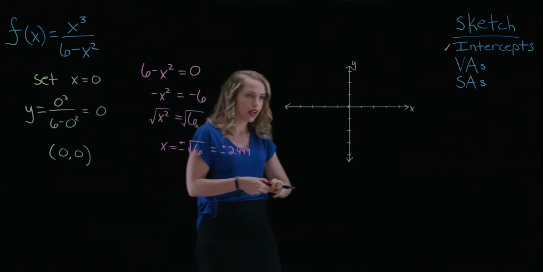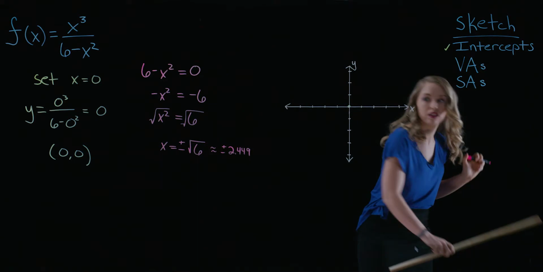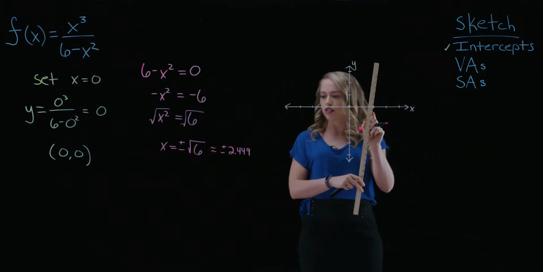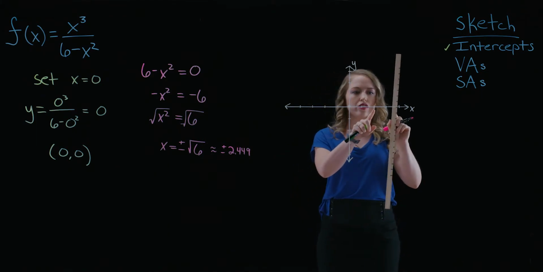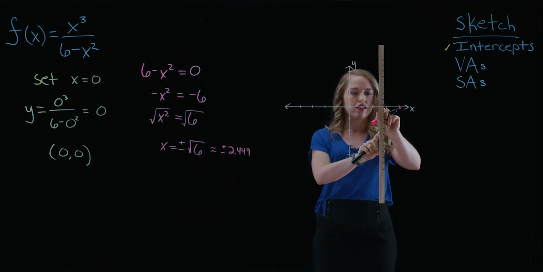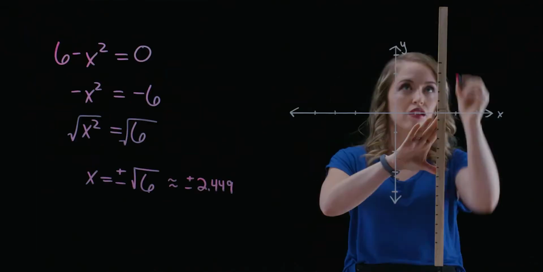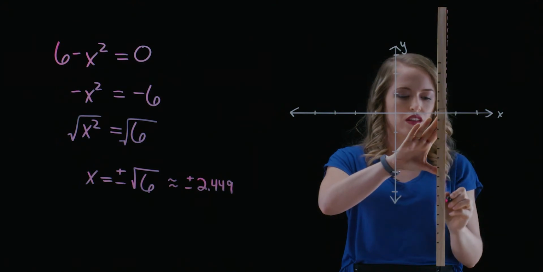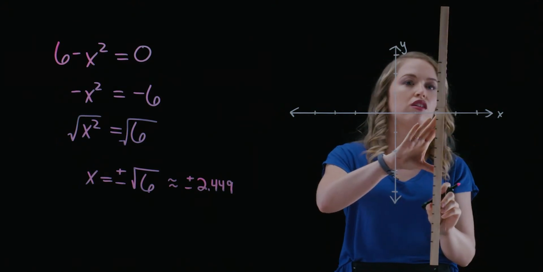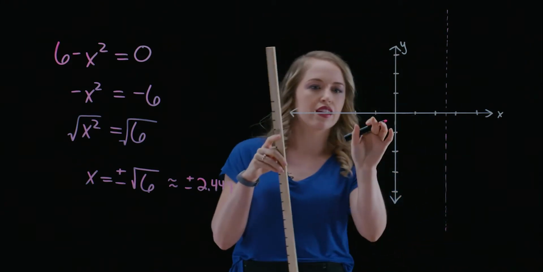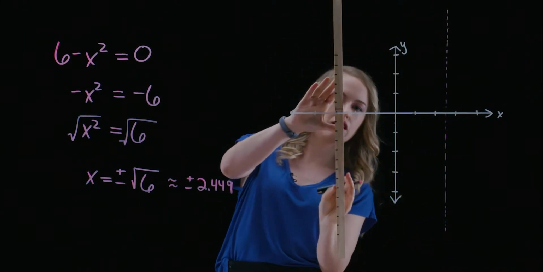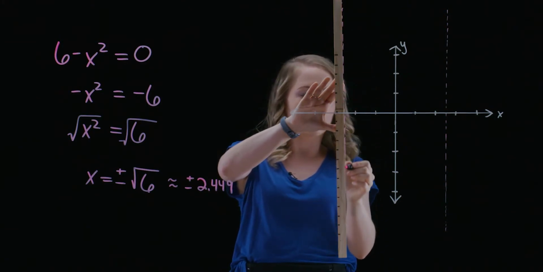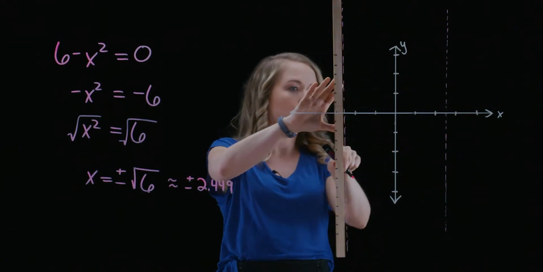So I can come over to my graph. I'm going to estimate that's about 2.4 to say it's about there. Wonderful. And then on the other side, -1, -2, about here. Okay.